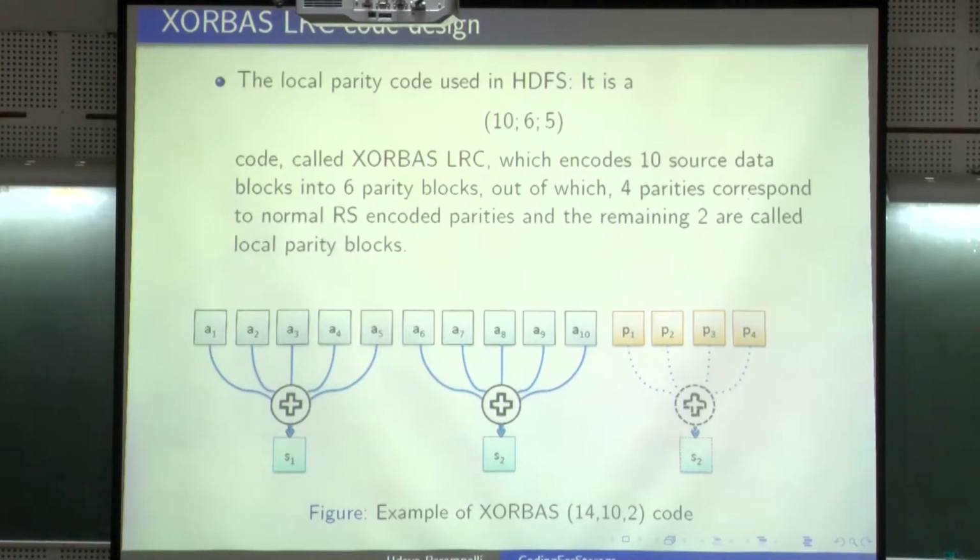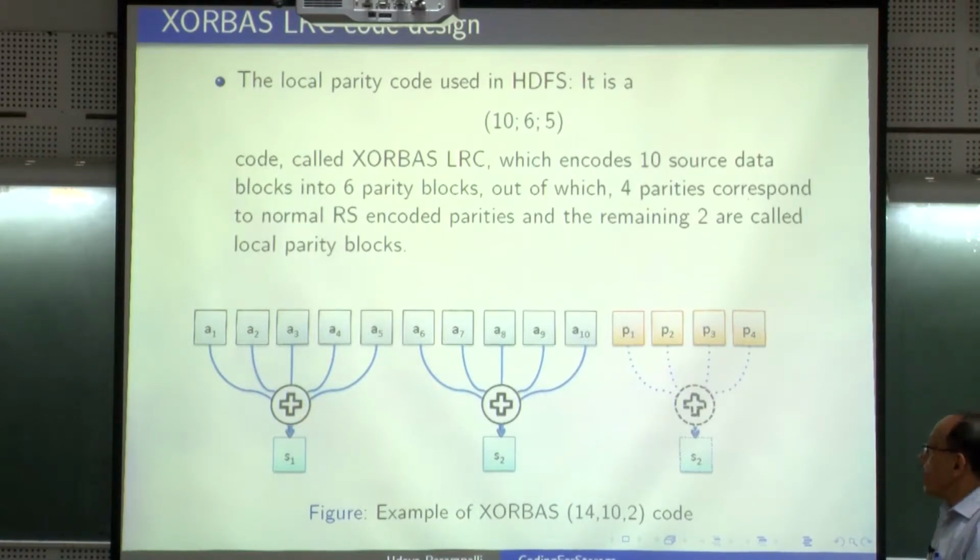The LRC is also the same thing now, except that the Hadoop system knows that these 6 blocks are there, and so if there is one node failure, the decoding will involve only these 6 nodes. So basically only 5, 3 plus 4 plus this one, that ensures you get that.